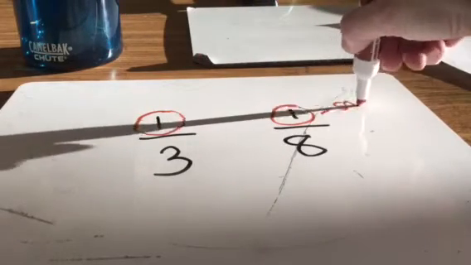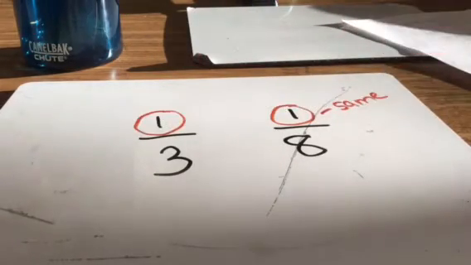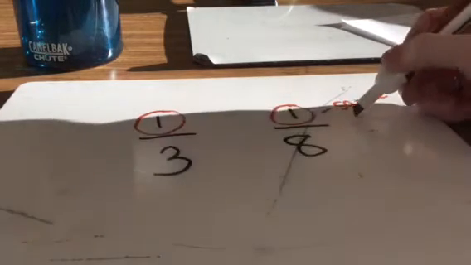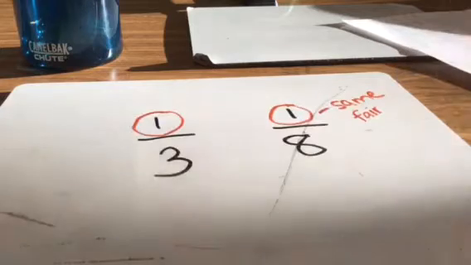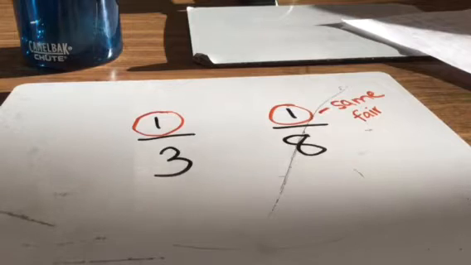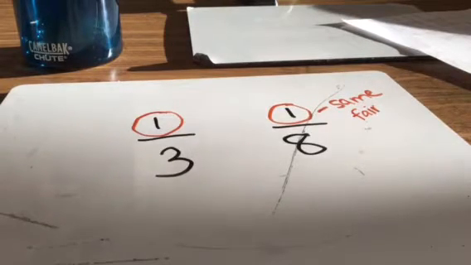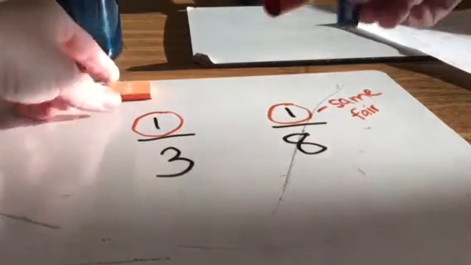And that means that I have 1 piece. Everybody gets 1 piece. It's fair. What's not fair, though, if I have 1 piece that's a third and 1 piece that's an eighth, is not how many I have, but the size of the piece. So the size is not fair.